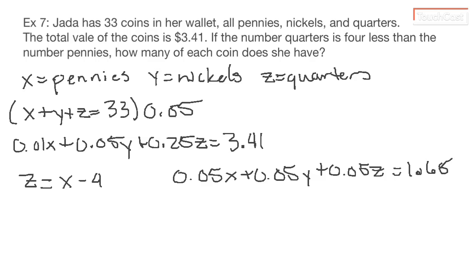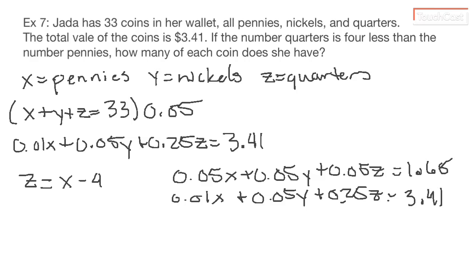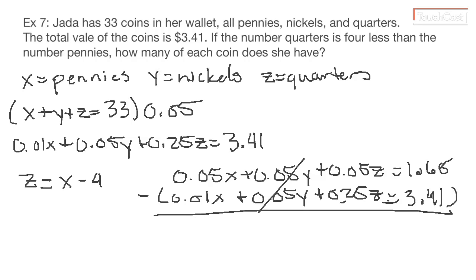And then I can rewrite my original second equation, 0.01x plus 0.05y plus 0.25z equals 3.41. So I'm going to just subtract my second equation, and I'm going to end up getting the y terms gone.